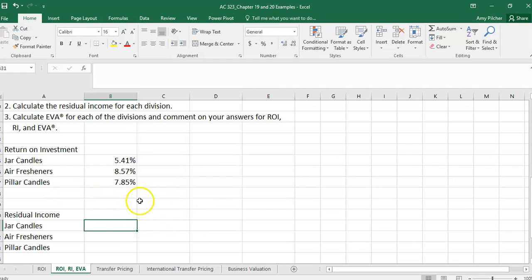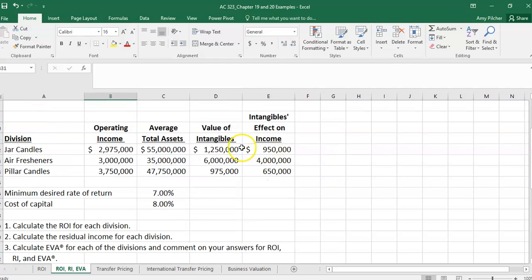This is our operating income minus the minimum desired rate of return times the average total assets.